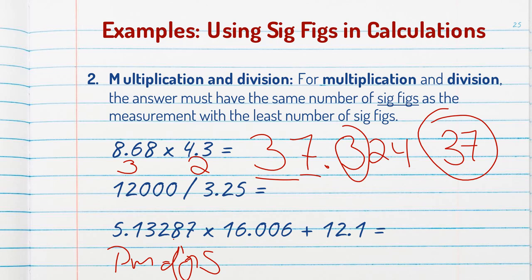So here I get 82.15671722. I have 1, 2, 3, 4, 5, 6. Here I have 1, 2, 3, 4. So I'm going to have 4 sig figs.